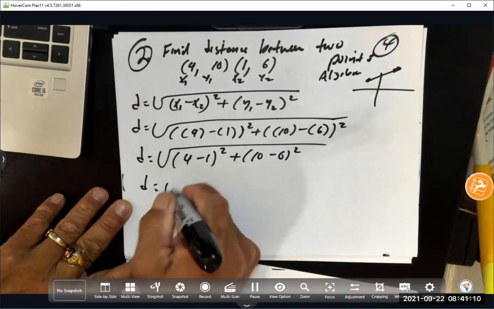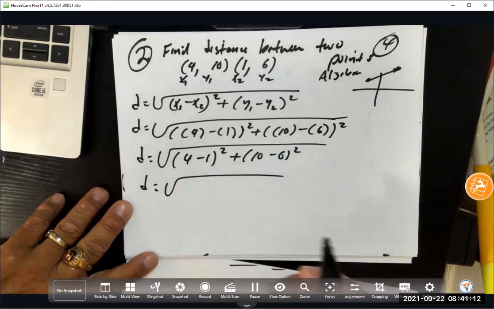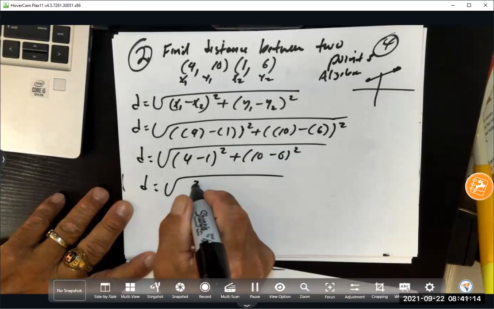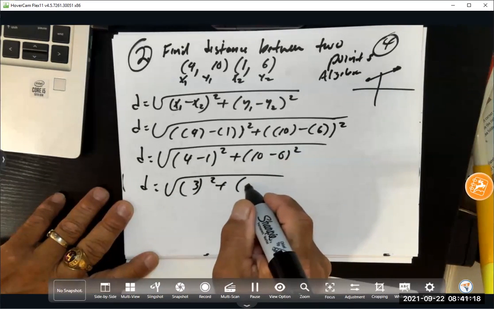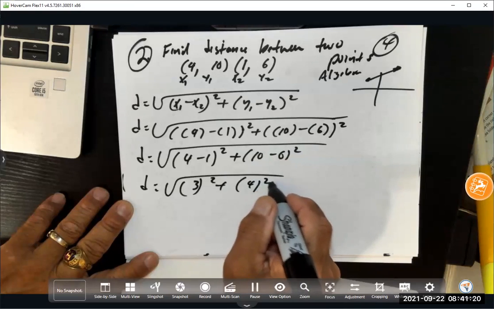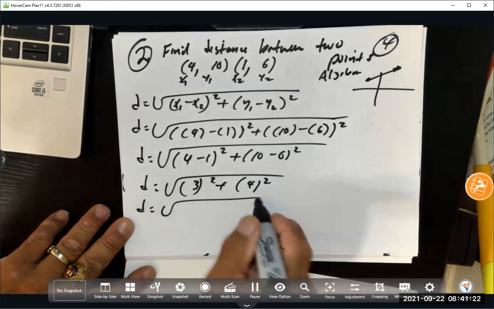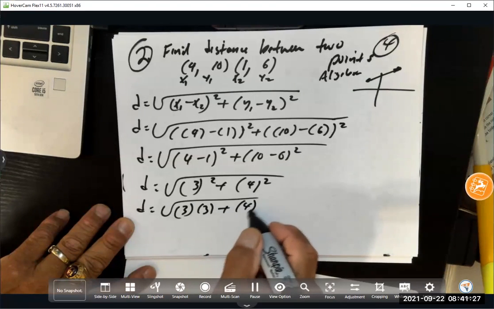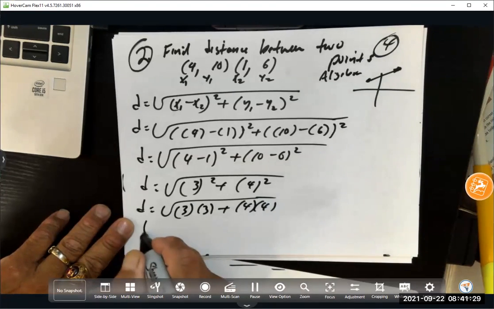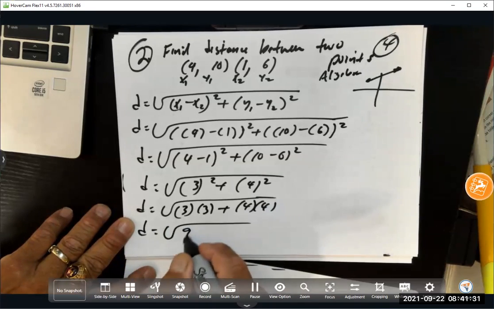So now, what is 4 minus 1? 3. 3 squared. Plus, what's 10 minus 6? 4. 4 squared. So now, what is 3 times 3? And also, what is 4 times 4? So now, it looks like I have 9 plus 16.